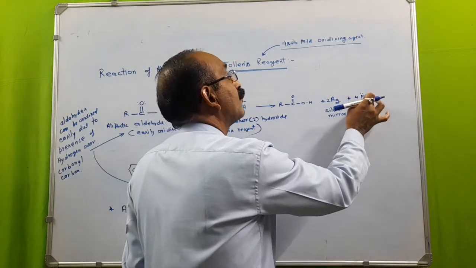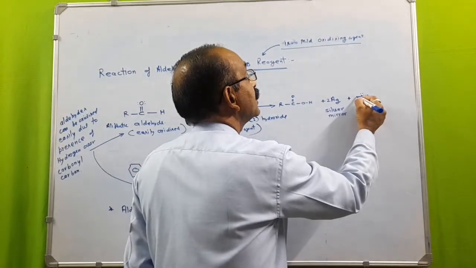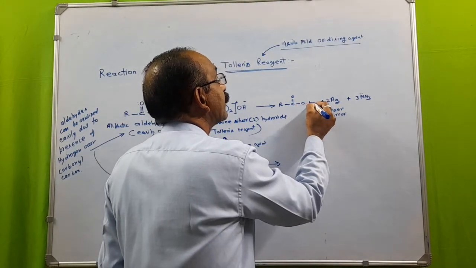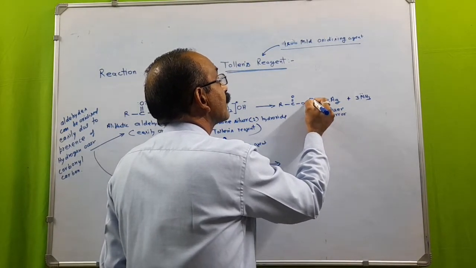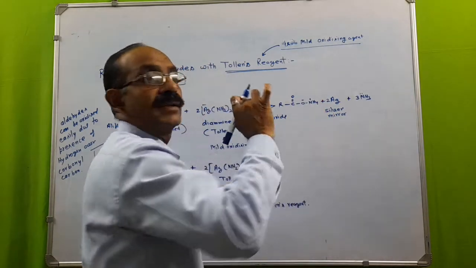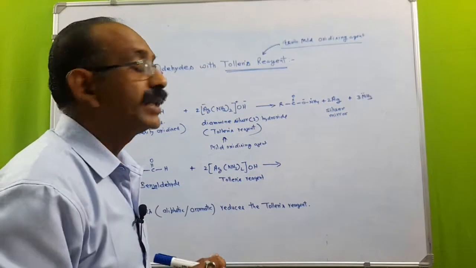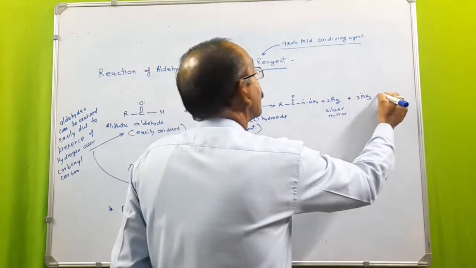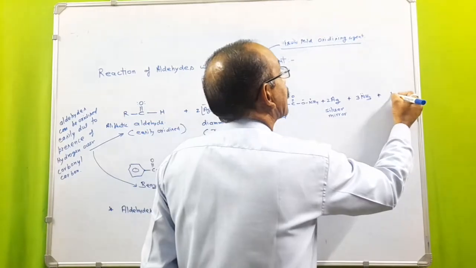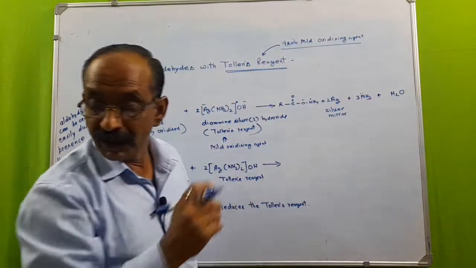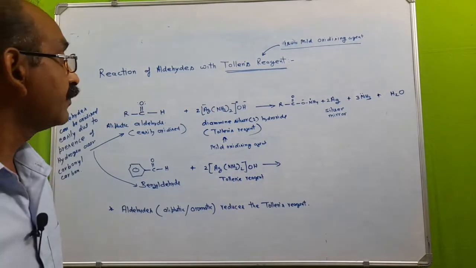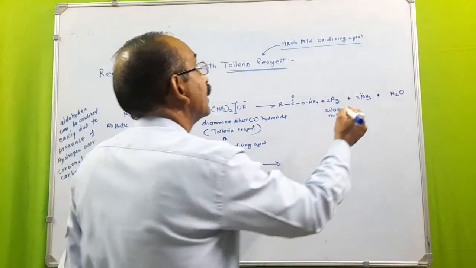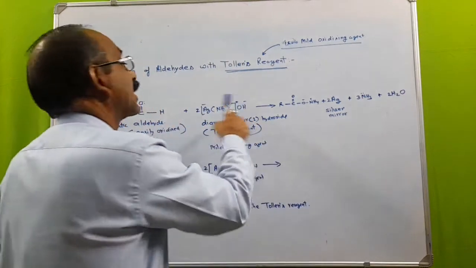So out of the 4 ammonia molecules we obtain, 1 ammonia molecule will react with this acid and form the ammonium salt of the carboxylic acid, and the OH will be set free in the form of water. Is it clear? So this is the reaction. Here it is 2 water because there are 2 OH.